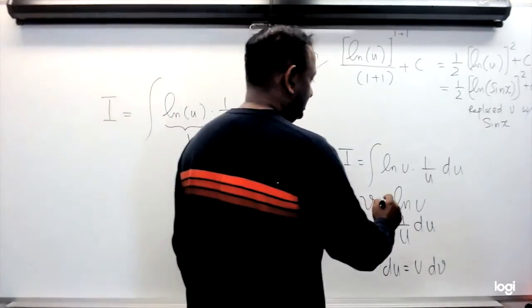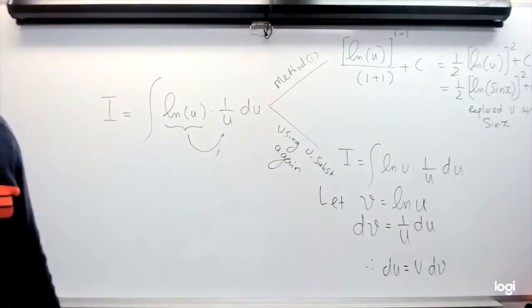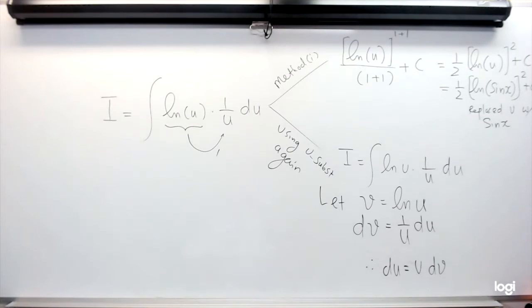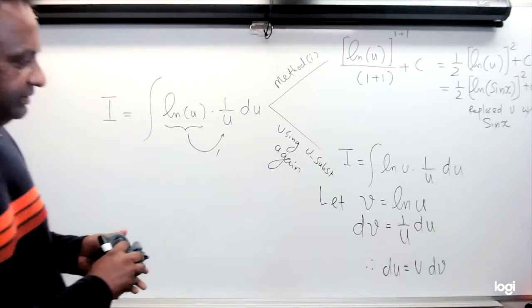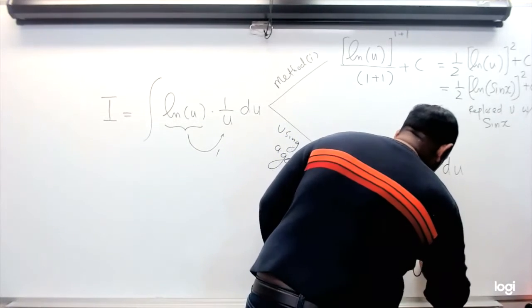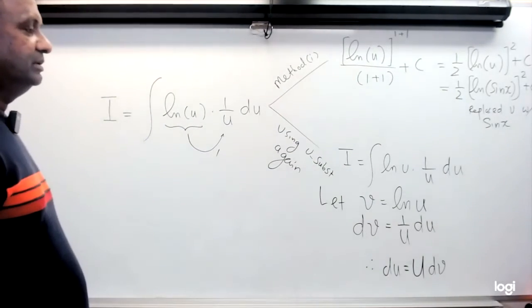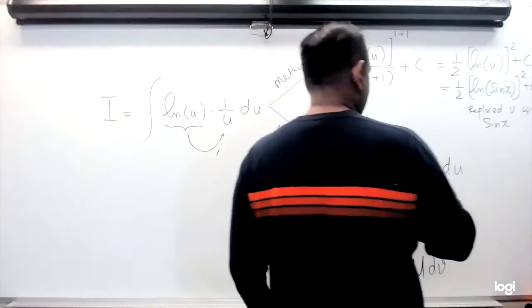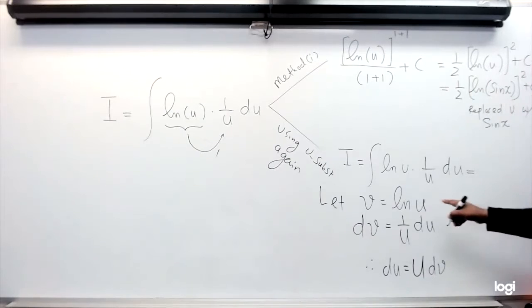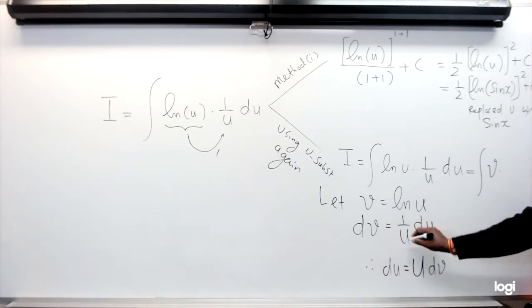Sorry, this one is u times dv. Let's plug in this one here. ln u means v. 1 over u I'm going to keep as it is, so 1 over u whole thing is dv.